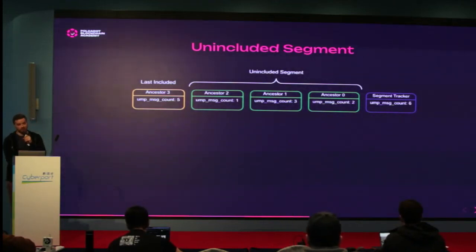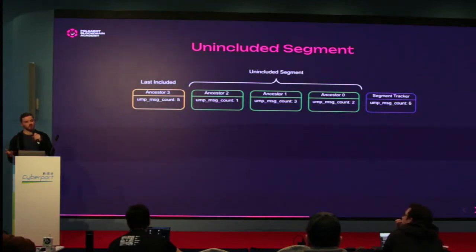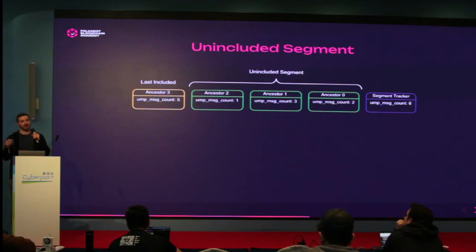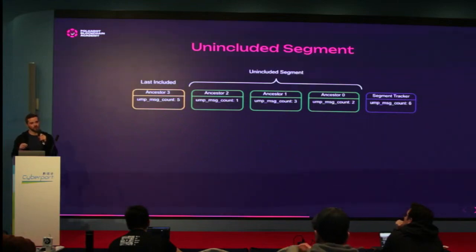Yeah, so the unincluded segment is added to as each new block is imported into the parachain runtime, and the unincluded segment shrinks when one of its ancestor blocks becomes included. And the maximum unincluded segment capacity is set both on the parachain and the relay chain. On the parachain, the runtime enforces this.